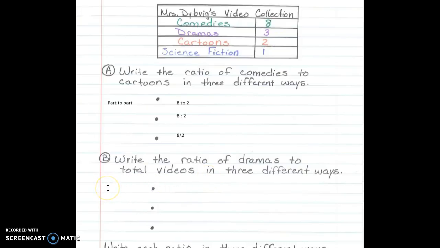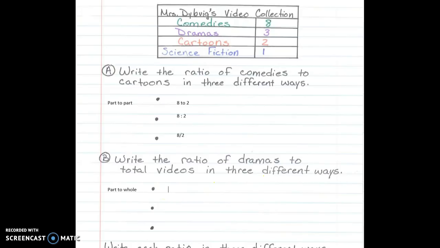So in example B, it says write the ratio of dramas to total videos in 3 different ways. So dramas make up part of my videos, and we're comparing it to the total videos, which would be the whole. So this is going to be a part to whole comparison. So what would that look like?